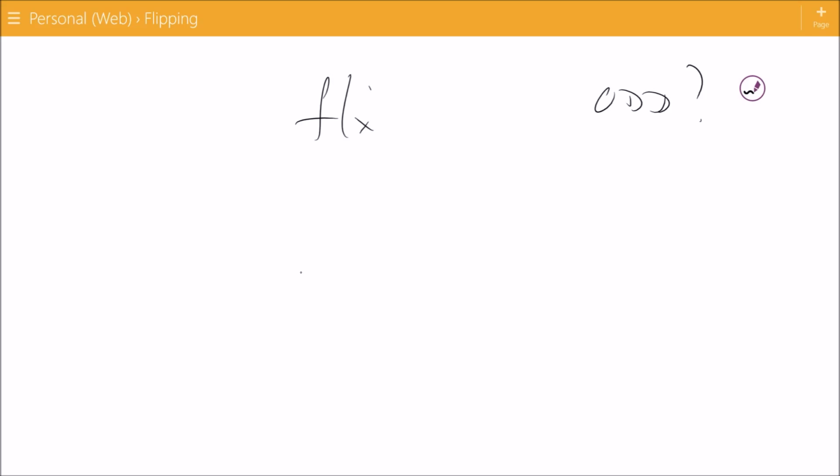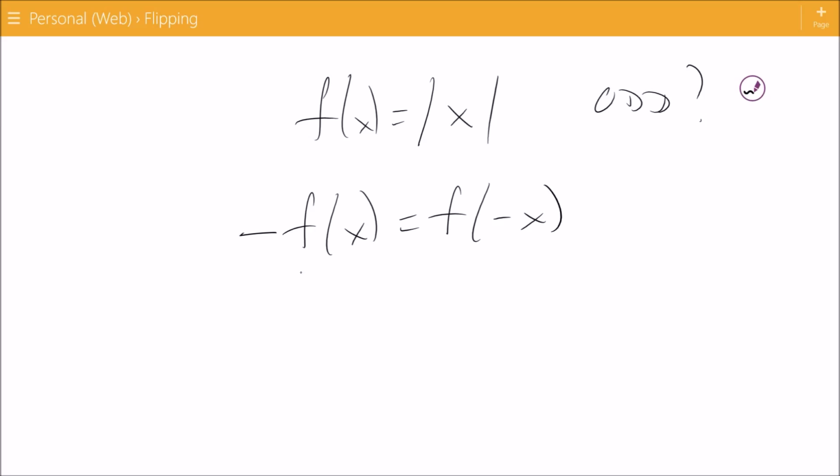The same test can also be used to determine if it is odd. And we can still use the same function. And if this is true, I should have negative f of x is equal to f of negative x. We'll use 5 again. So negative f of 5 should equal f of negative 5 if it is odd.